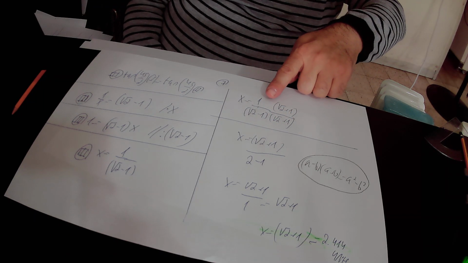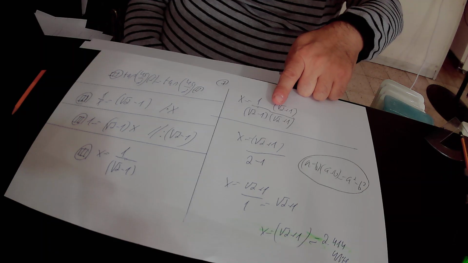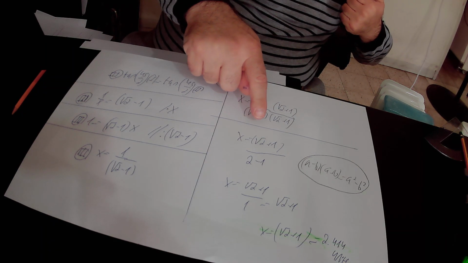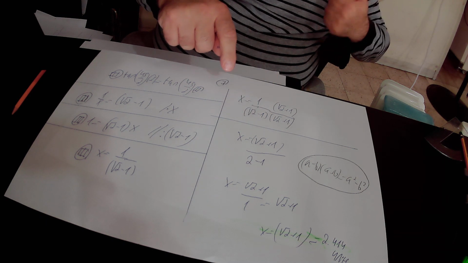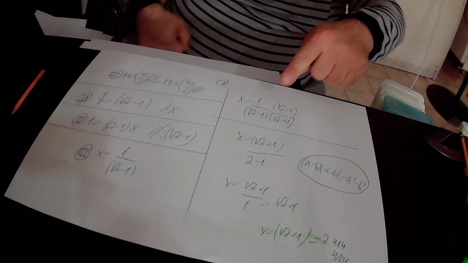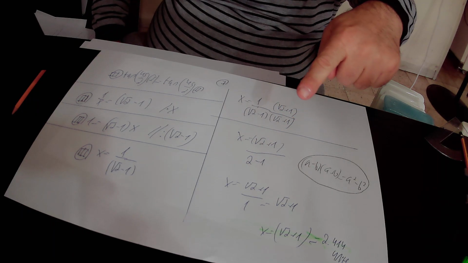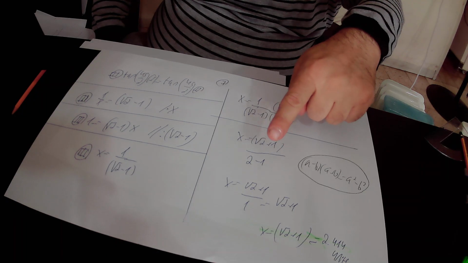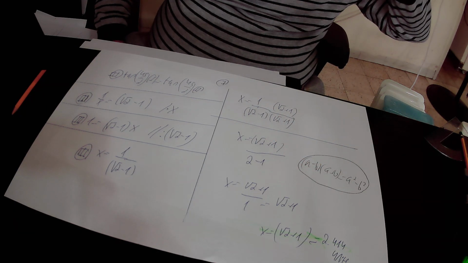So in total, this expression equals 2 minus 1, that is 1. So x equals the square root of 2 plus 1 over 2 minus 1. That is to say, x equals the square root of 2 plus 1 over 1, which is the square root of 2 plus 1.